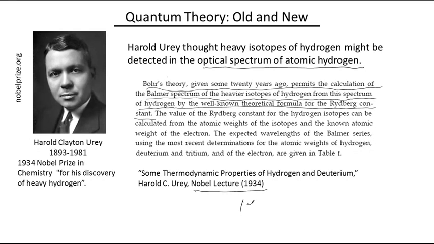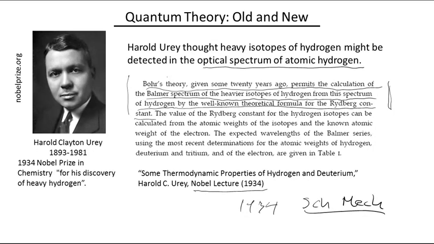So even though by this time, 1934, we had Schrödinger mechanics, and Urey was the first American author of a monograph type textbook on quantum mechanics, very familiar with the subject, he preferred to describe to the general audience the plausibility of his idea in terms of Bohr's well-accepted theory.